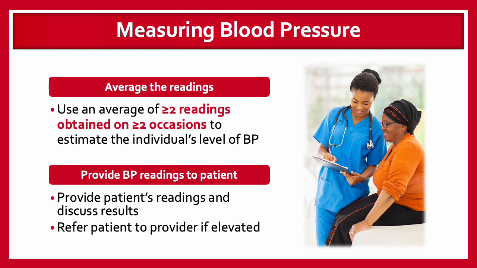That's not in our scope of practice. Even if you meet this criteria here of at least 2 readings on 2 separate occasions, all we can do is tell the patient, your blood pressure is elevated and you should follow up with your provider, who will then guide you in making any lifestyle modifications or starting you on therapy.